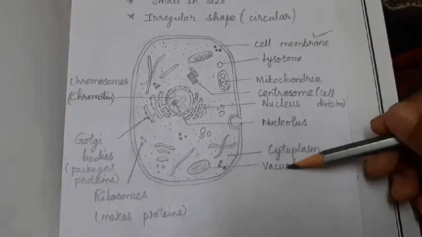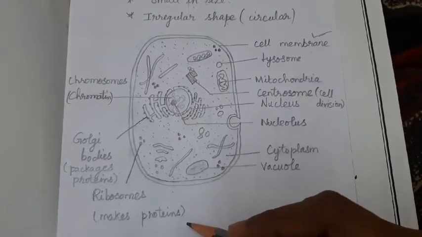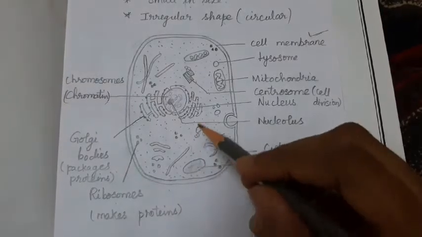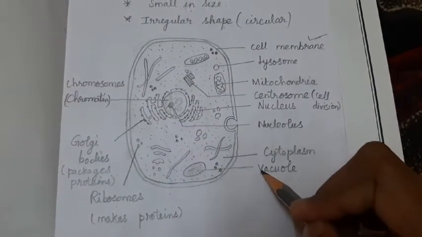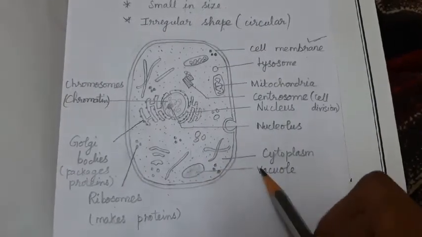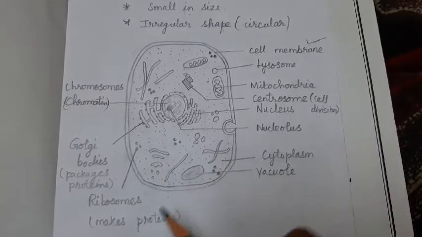So how was the vacuole in the plant cell? It was single in number. Yes, and it was a huge one. A large vacuole was seen inside the plant cell. Whereas in animal cell, the vacuoles are many in number and they are small in size.